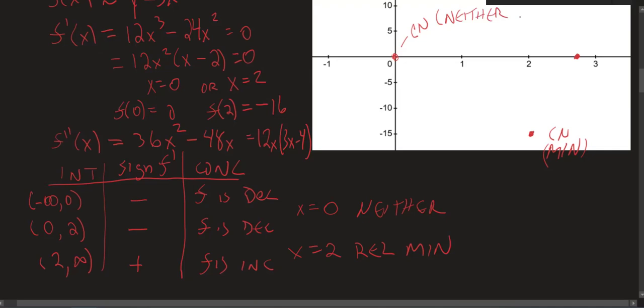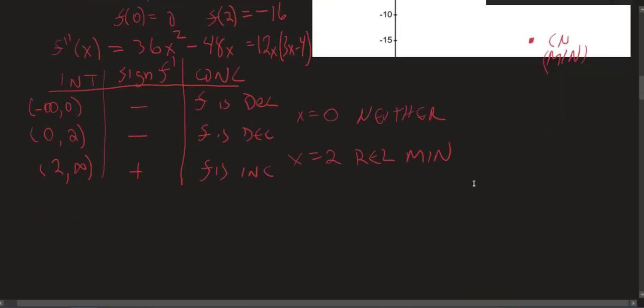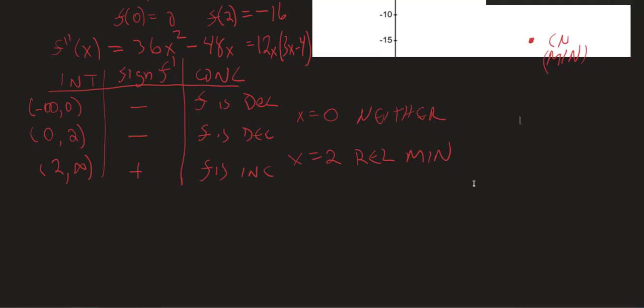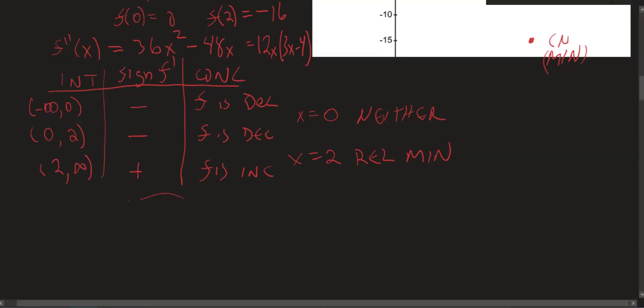All right. So then step 6 is to use the test for concavity to determine the intervals where the function is concave up or concave down. Now remember, previously we found that f double prime of x is 12x times 3x minus 4. And if we set that equal to 0, we'd have x equals 0 and x equals 4/3.